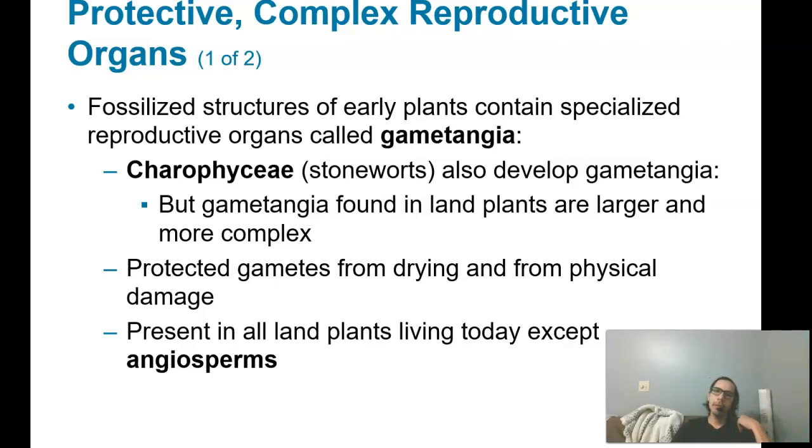So it allows the gametes to stay protected, so it prevents them from getting damaged or from drying out. And it's present on all land plants today except for angiosperms. And that's because angiosperms have other reproductive structures that have the same function as the gametangia.